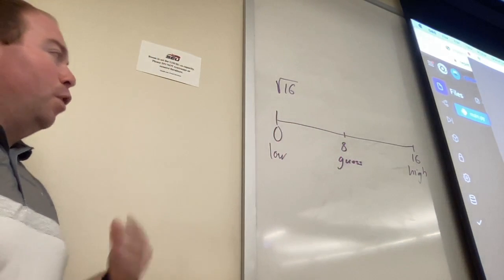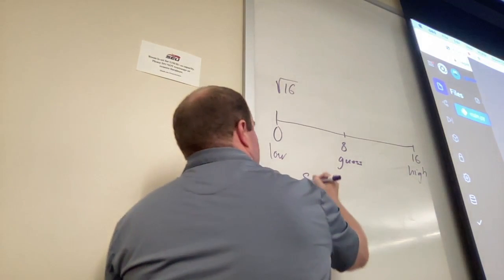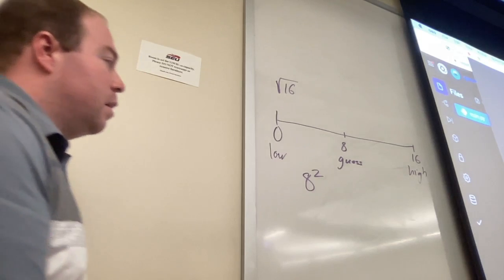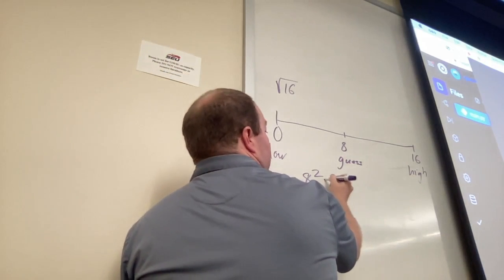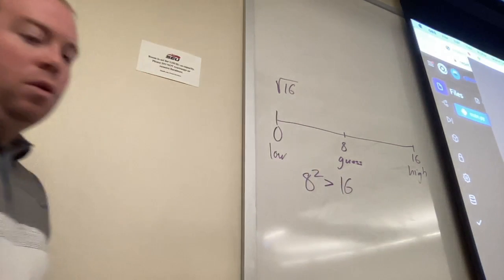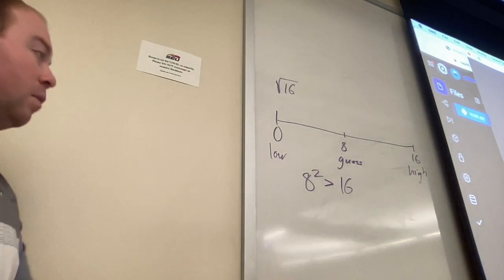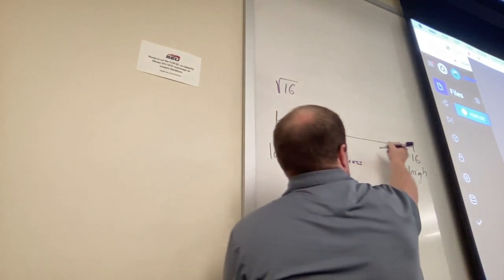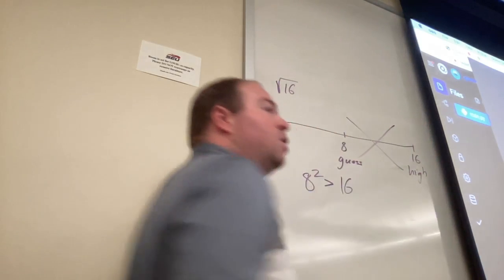What you're going to do with that guess, you're going to square it. So if you look at 8 squared, that is going to be 64, which is greater than the 16. Because that is too high, what we now know is that all of that is worthless.